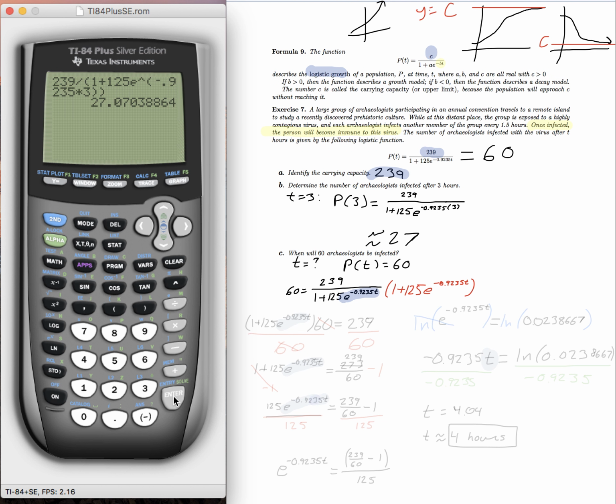Switch back to the right color, times 60 on the left. 1 plus 125 e to the negative 0.9235 t times 60 equals 237.